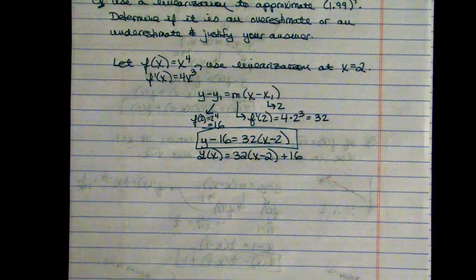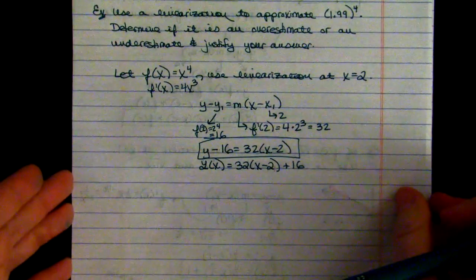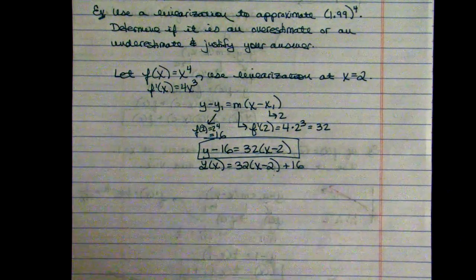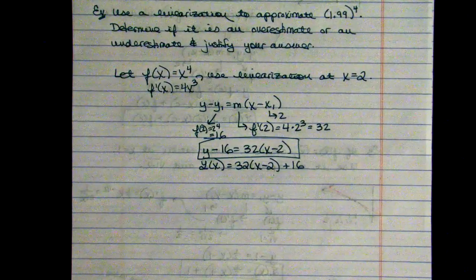I now want to use this to approximate 1.99 to the fourth, which means all you need to do is plug in 1.99. See if you can go through those calculations without a calculator.